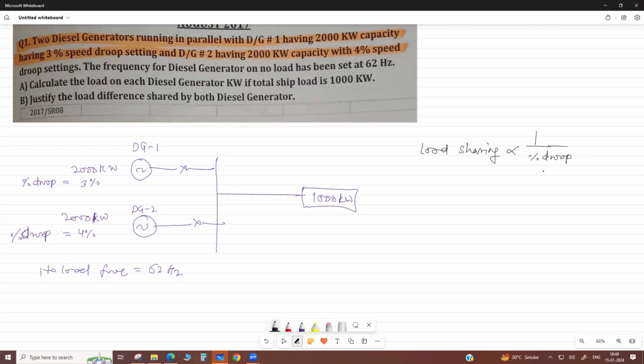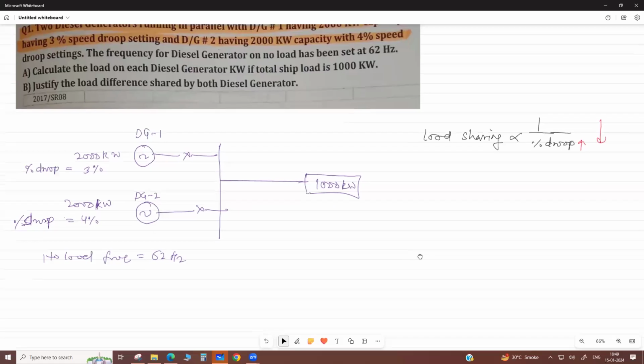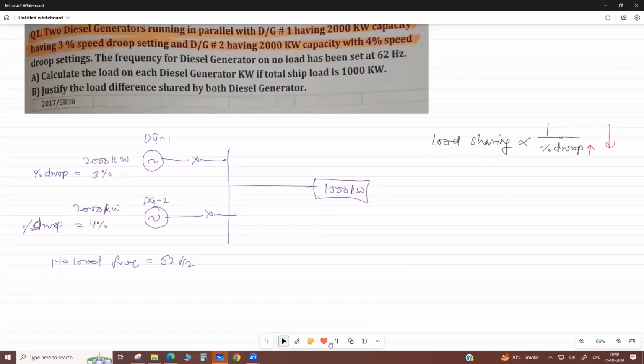See, the higher the droop setting, the lower the kilowatt load. Let us check here. If the droop is lower, DG1 shares more kilowatt. So again we can draw the diagram, this load curve.